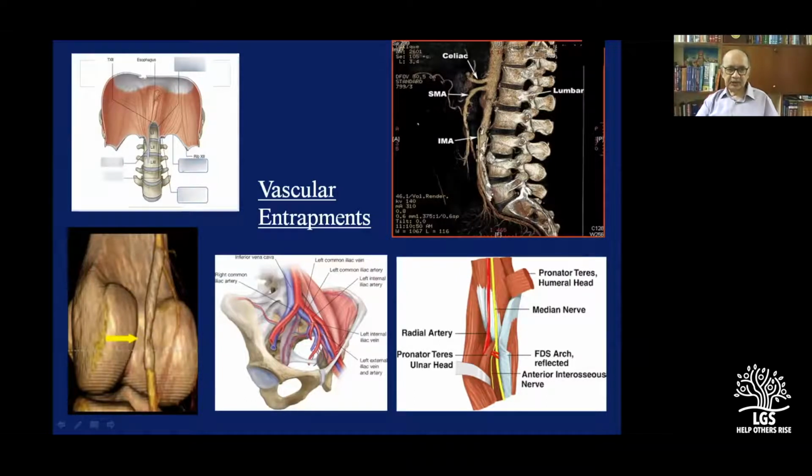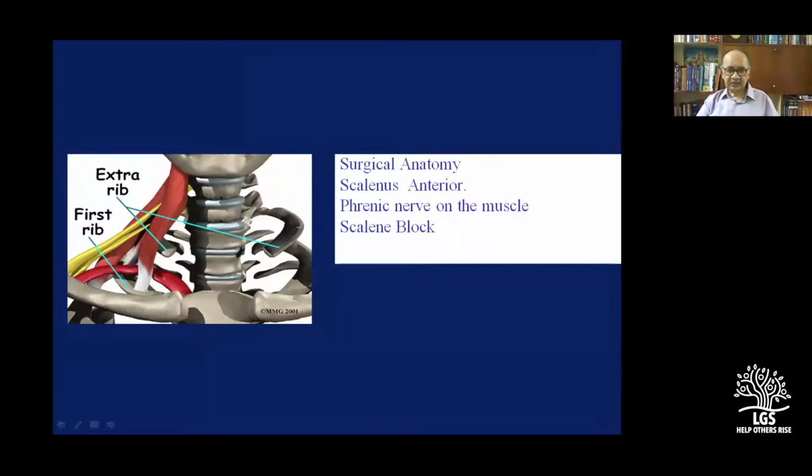You have the popliteal muscle or the gastrocnemius muscle compressing the popliteal artery. Or here, it is very interesting: the aorta, as it divides, compresses the left common iliac vein, and then produces edema of the lower limb on the left side.